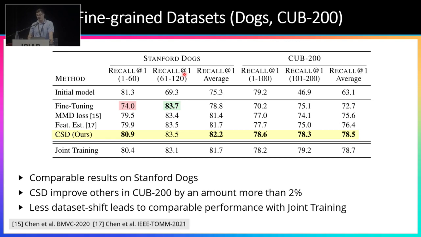However, in the fine-grained dataset, we obtain similar and comparable performance with respect to the joint training.